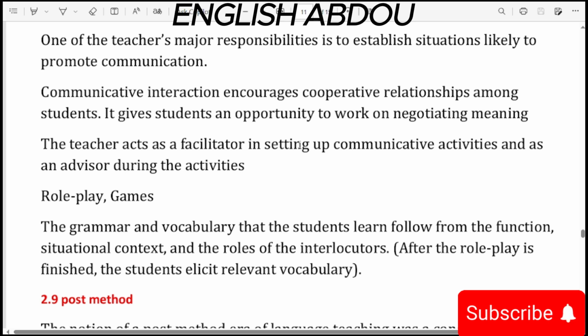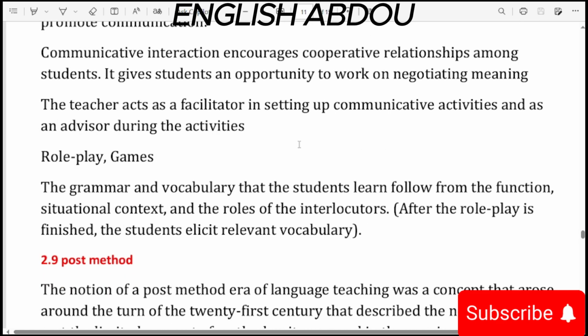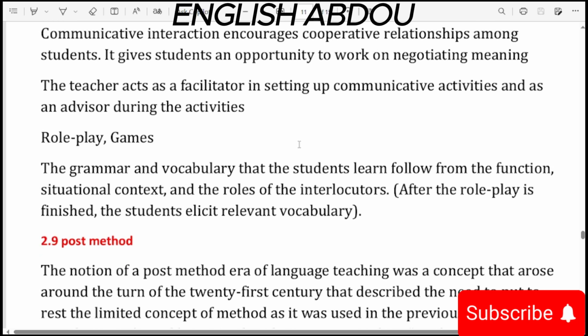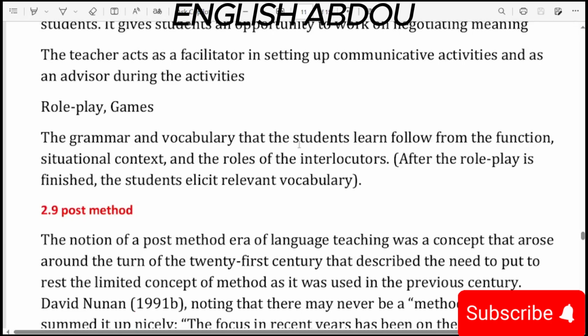These are some situations where students can play. The grammar and vocabulary that students learn follow from the functions and situational context. So the grammar comes from situations, as we have seen in the Silent Way and Community Language Learning.